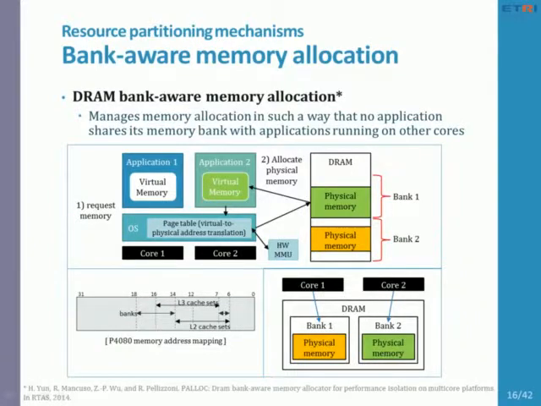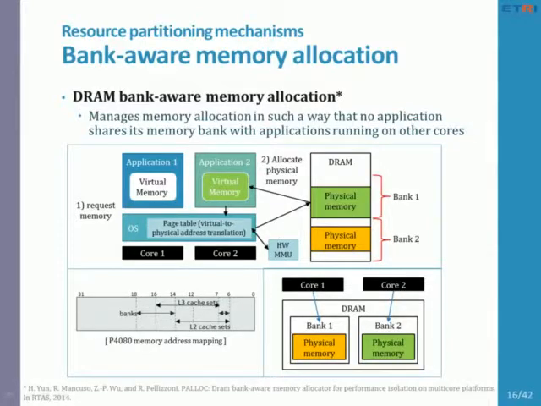Next, to isolate the memory bank per core, we implemented DRAM bank-aware memory allocation. This illustrates how it works. An application requests memory from the operating system to run the program. Then the operating system allocates a portion of physical memory to the application. At this time, virtual memory is the memory view of the application. So the operating system stores the virtual-to-physical memory mapping in the page table.